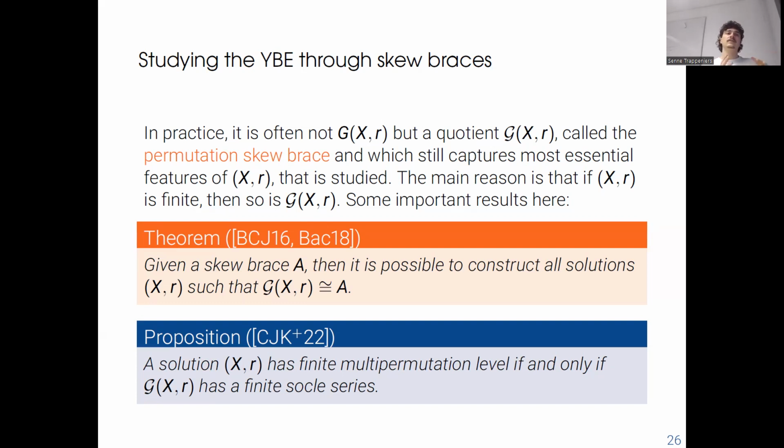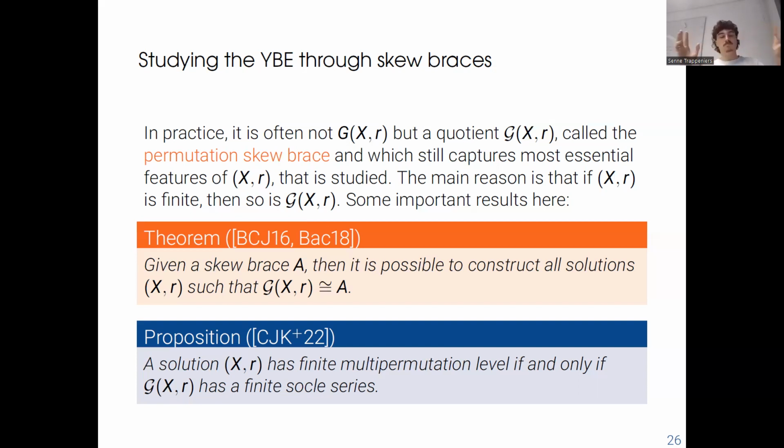It says that if we're given a skew brace, then it's possible to construct, in a somewhat algorithmic way, all solutions X, r such that their permutation skew brace is isomorphic to the skew brace. This is in theory, of course.